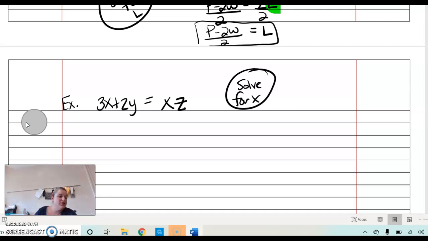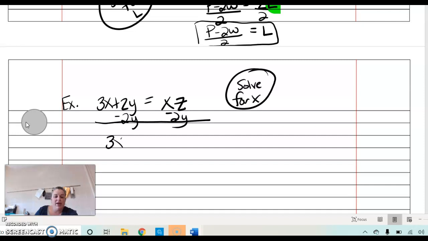So what I suggest is that we bring our x's together. So maybe I subtract the 3x, or I could subtract the 2y. We could do this multiple ways. Maybe I subtract 2y from both sides to get it away from the 3x.